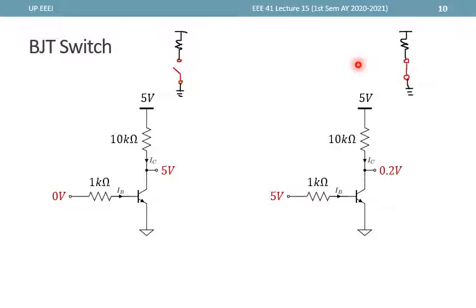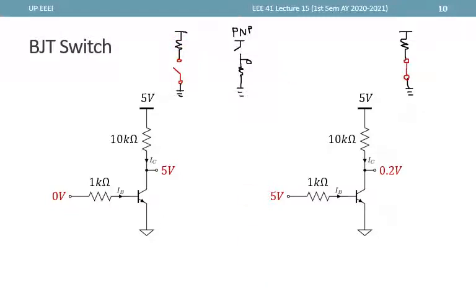Ideally, when the PNP is open, the output will be exactly 0 volts. So for example, we have a PNP switch above. If it is open, then Vout is 0 volts because there is no current through this load resistance, just like here.